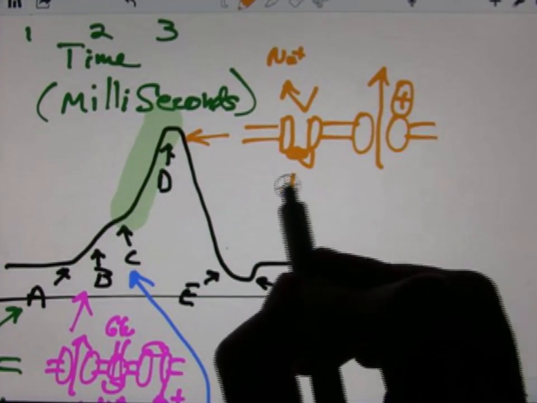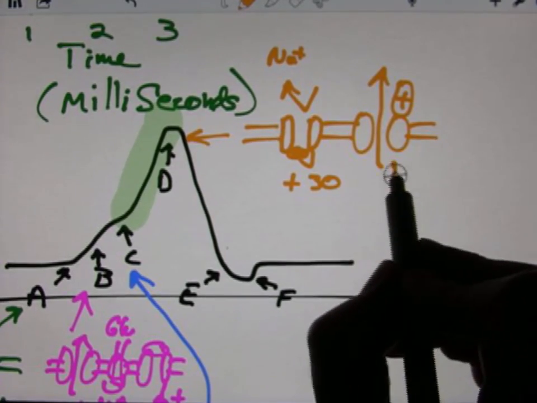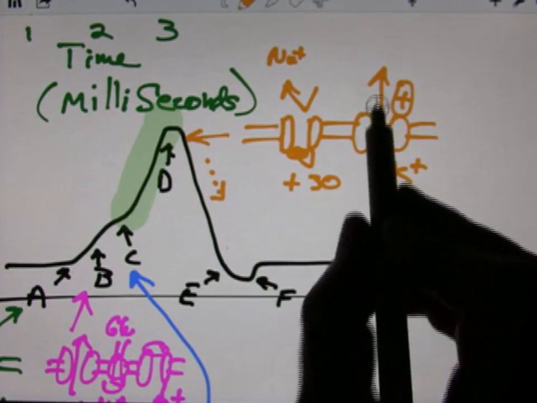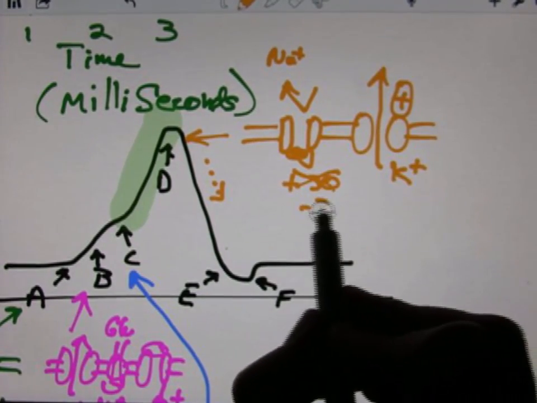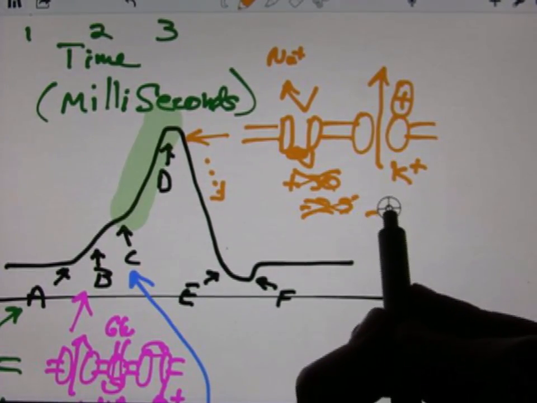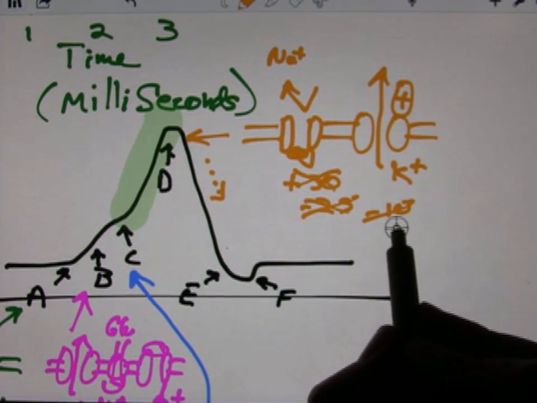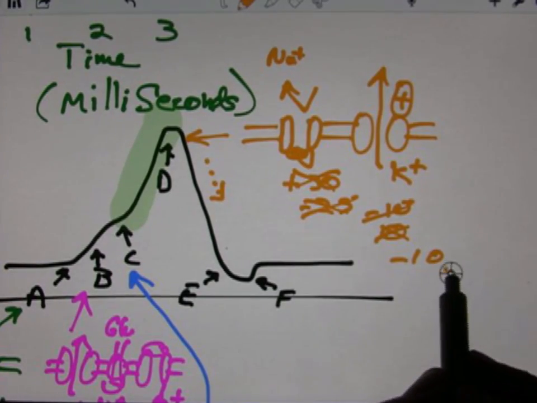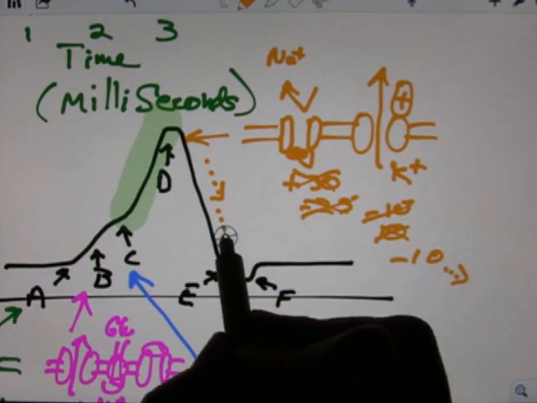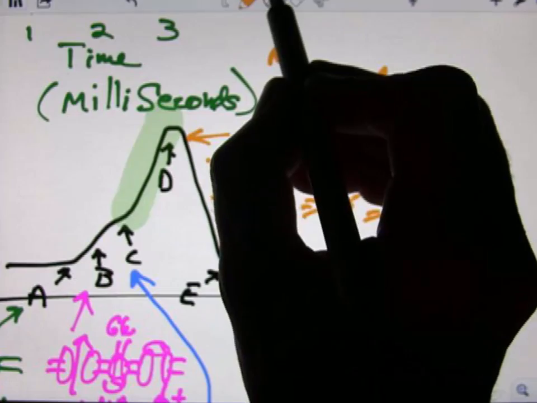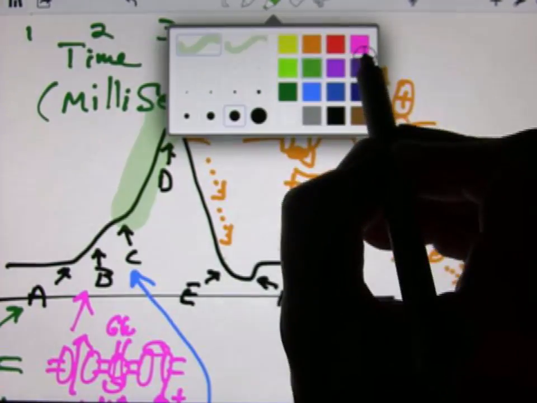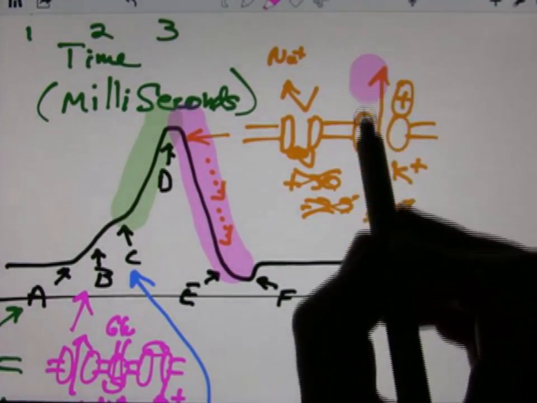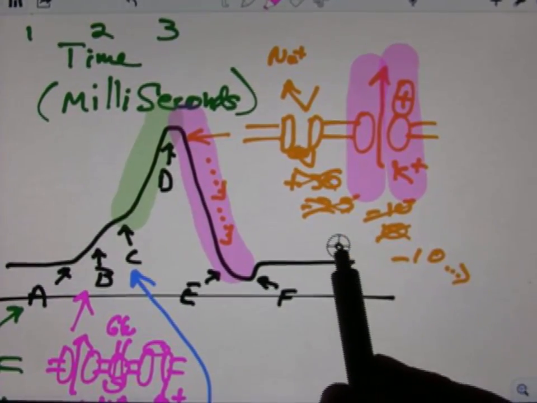So we were at plus 30. Potassium is leaving, and so we start dropping down. As potassium leaves, this gets more negative. And so on. So we're dropping down. Okay, so this is the second half of an action potential. And that's these potassium channels allowing potassium out of the cell.